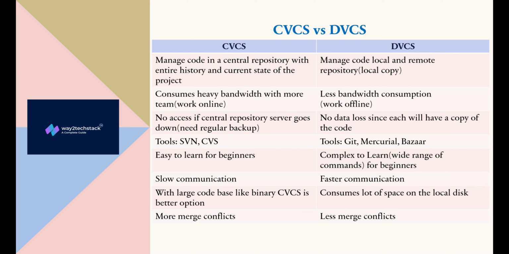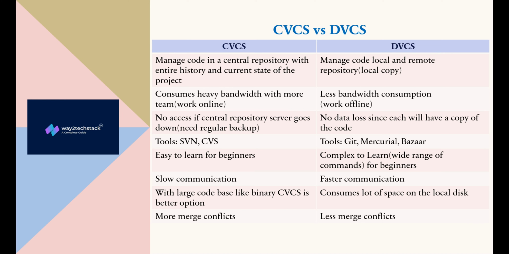But what about the changes you have done recently? Those will be lost. So a proper backup plan has to be done in CVCS. In DVCS, even though the data is lost in the centralized server, I have a copy in my local system from any one of the developers. I can recover from that system because the entire history of the changes is also stored in that local repository.